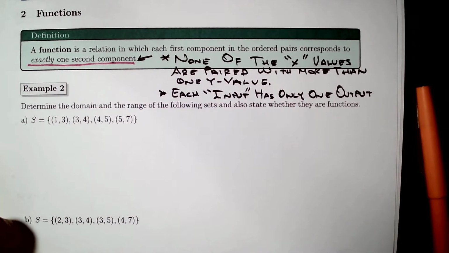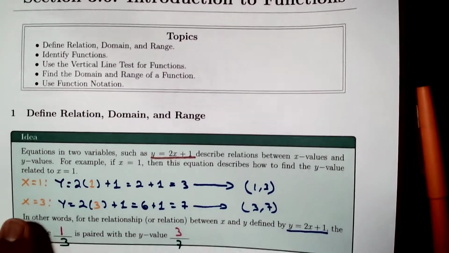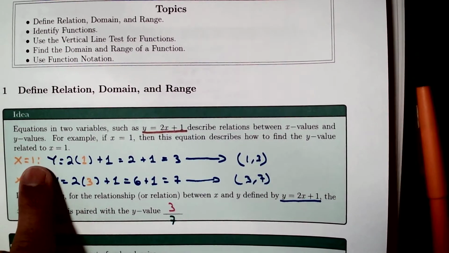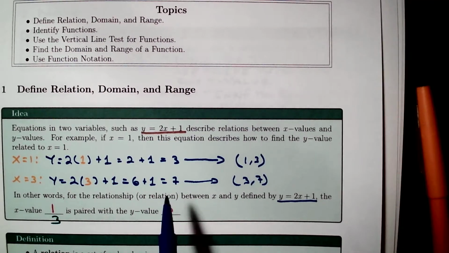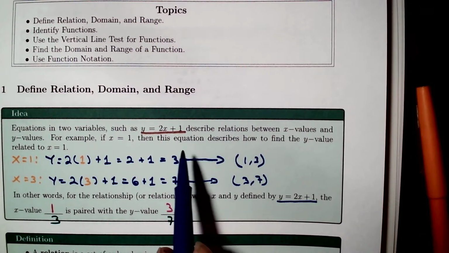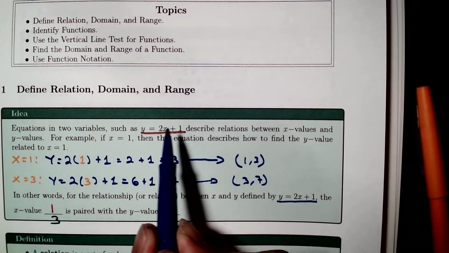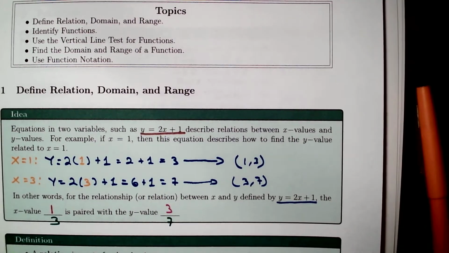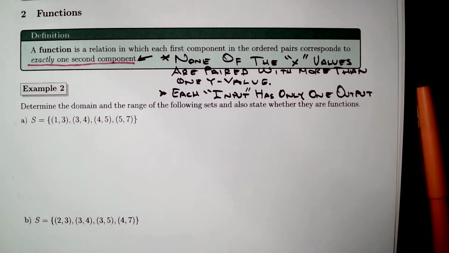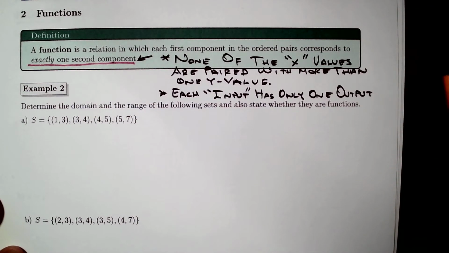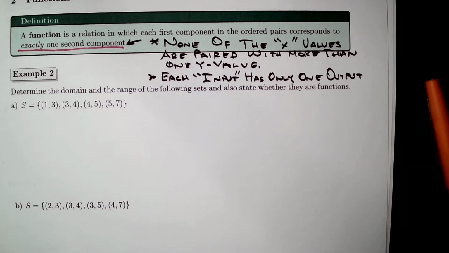If we go back to the previous page, notice for the input x equals 1, how many outputs did we get? Well, notice we only obtain one output. So this equation describes a function. We're going to look at that in more detail soon.